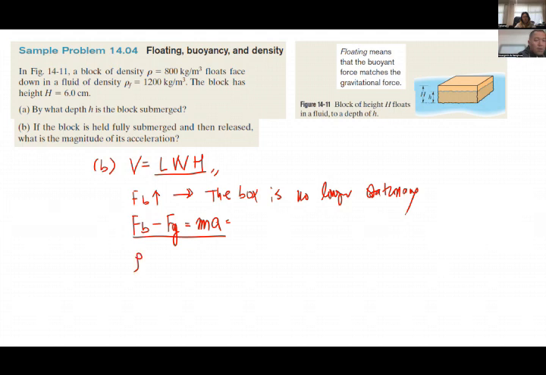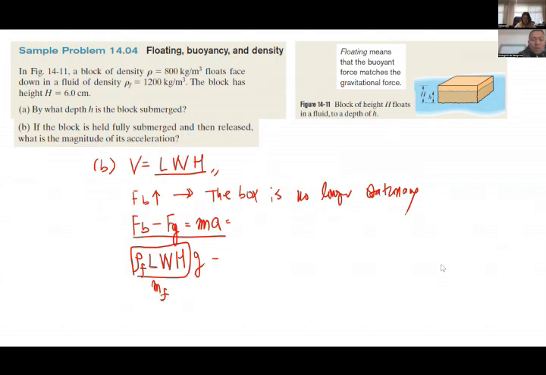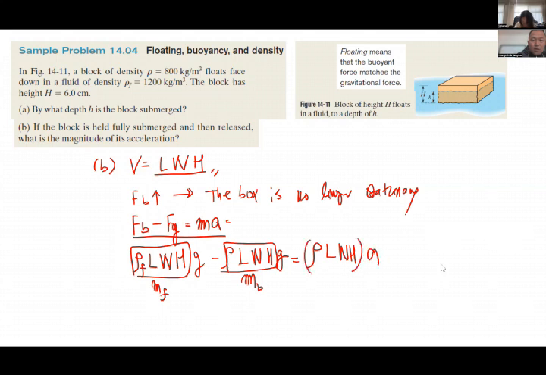Now if you plug the buoyant force expression and the gravity into this formula, that should be rho F, the density of the fluid, times L W H, times g, which is the weight of the fluid displaced, minus rho L W H g. This is the mass of the box, and that should equal rho L W H times a, the box mass times acceleration.